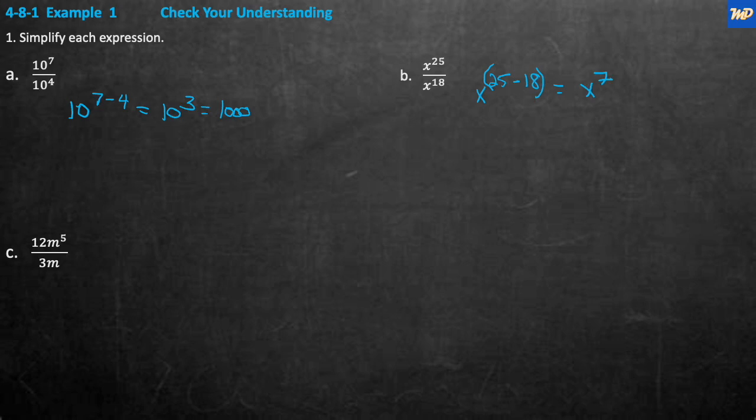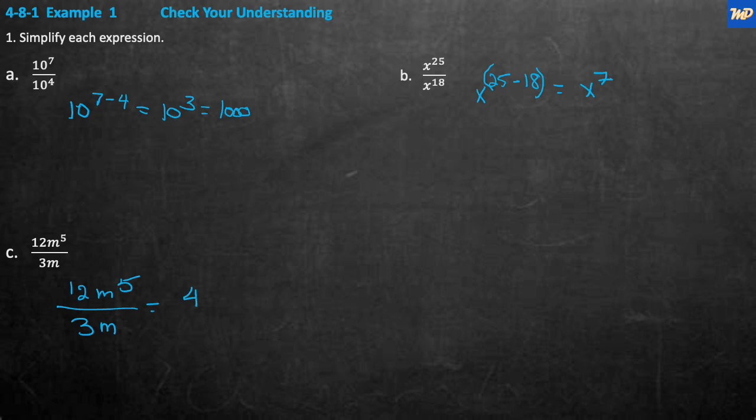And let's go here to C. We have 12 m to the 5th divided by 3m. So we're going to say 12 divided by 3, because we don't need to try to subtract exponents or anything. 12 divided by 3 is 4.